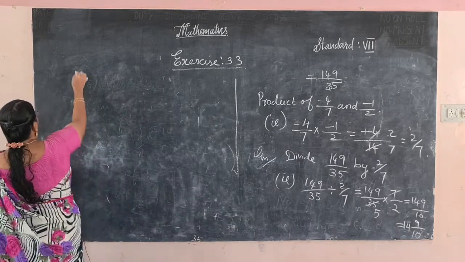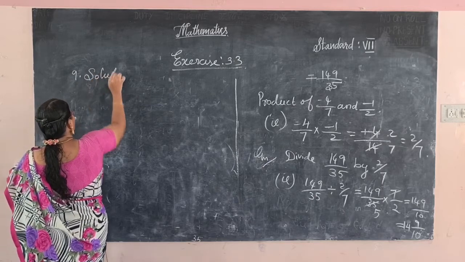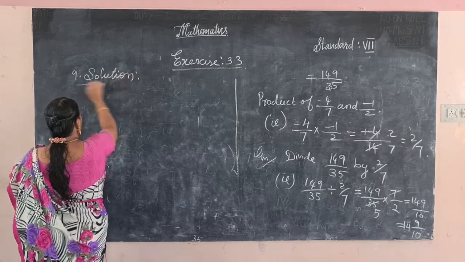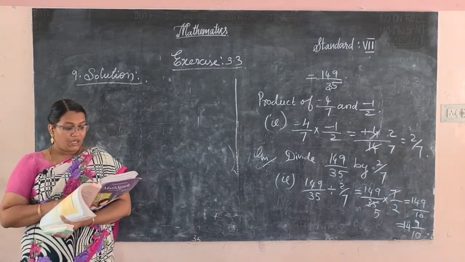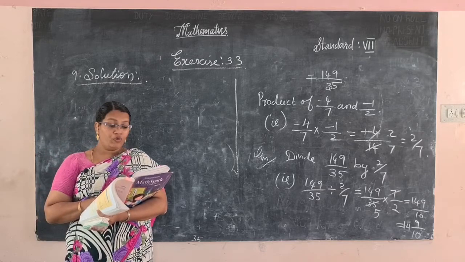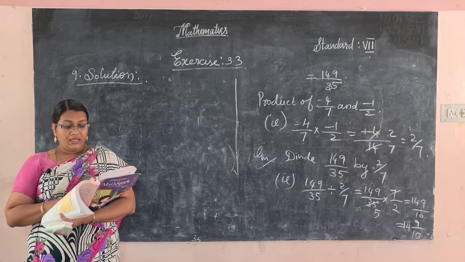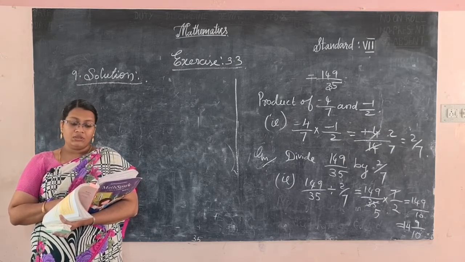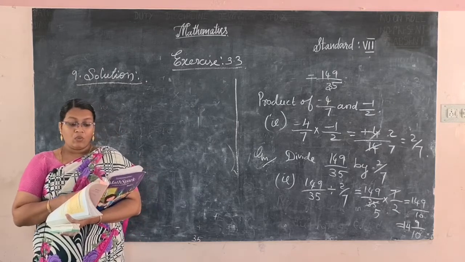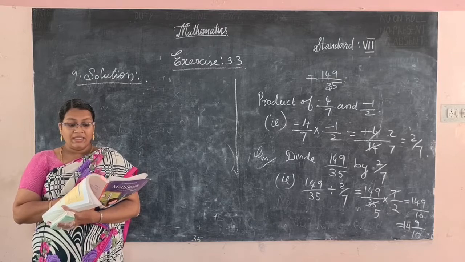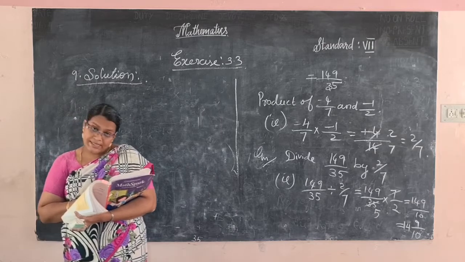And the 9th problem. Sheena spent 3 by 4 of her pocket money. She spent 1 by 2 of it on a book, 1 by 6 on a movie, and the rest on a dress.